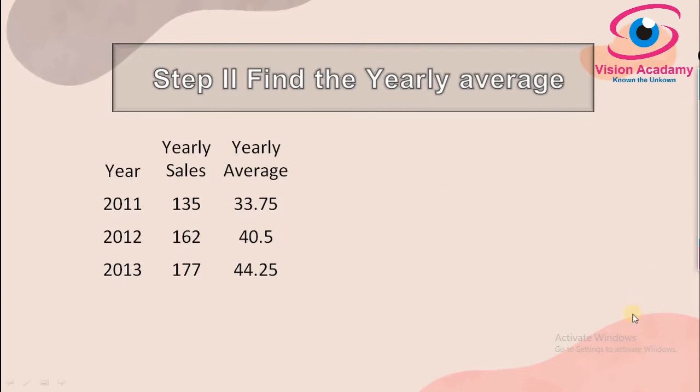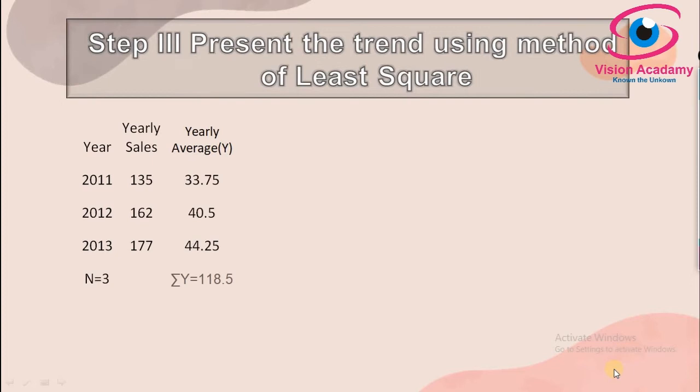Now we shall move on to step number 3, that is present the trend using method of least square. So far we converted the quarterly data into yearly data in the first step, and in the second step we have taken the average of yearly data. In the third step we need to find a trend using method of least square. In my last lecture I gave an elaborate lecture on the least square method.